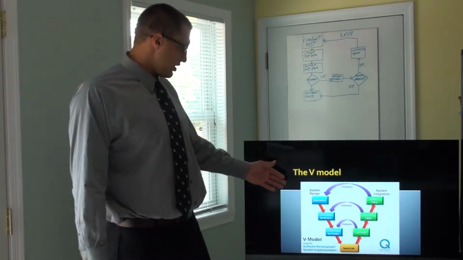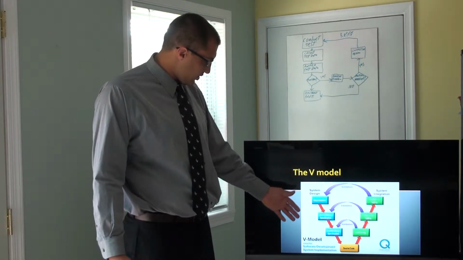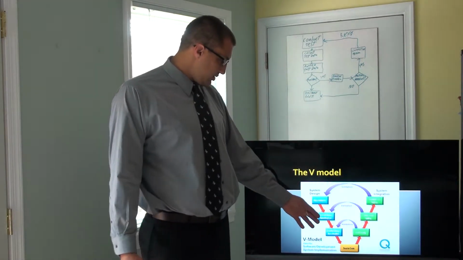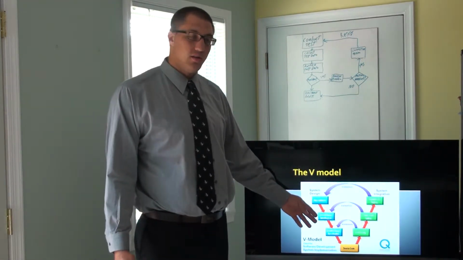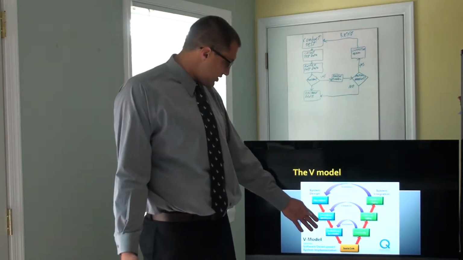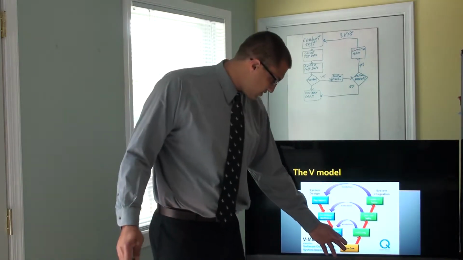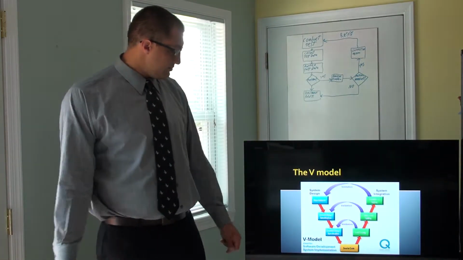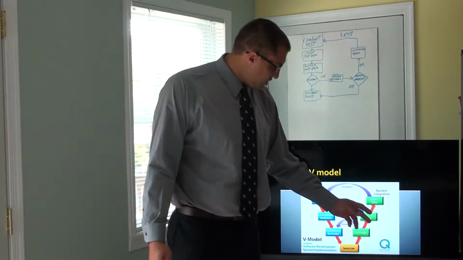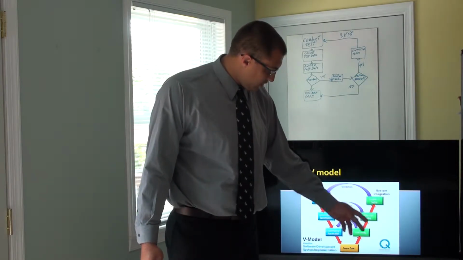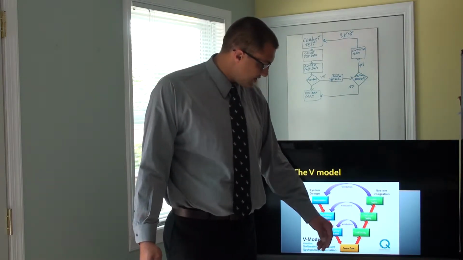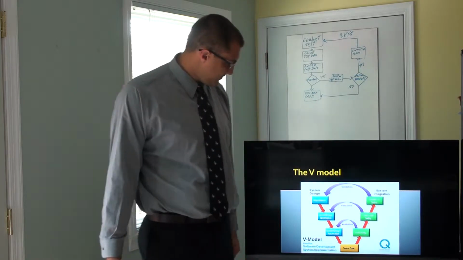So you're going to start out with requirements, and then you're going to work your way down to general design specifications. And then from there you're going to go to detailed design specifications, and then you're going to go down to your source code. From there you're going to work your way back up to your unit testing, your component testing, and your acceptance testing.